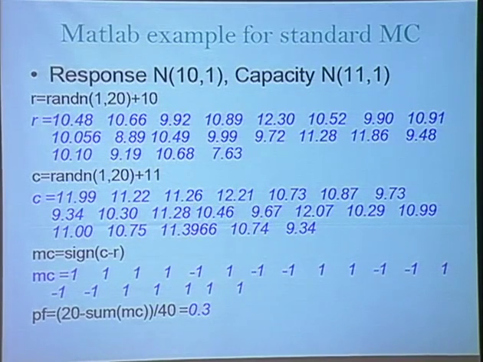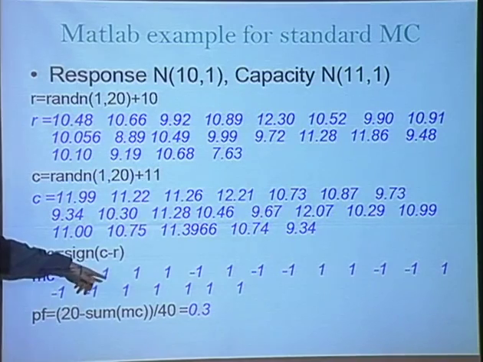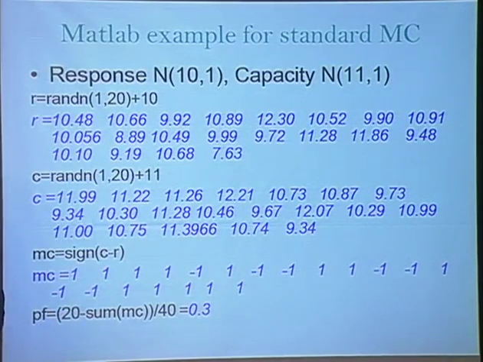And so in order to calculate the probability, you have to do 20 minus the sum over 40. The reason that the 40 crops in is that every time you switch from success to failure, the sum changes by 2 and not by 1. That is, a 1 changes to a -1.